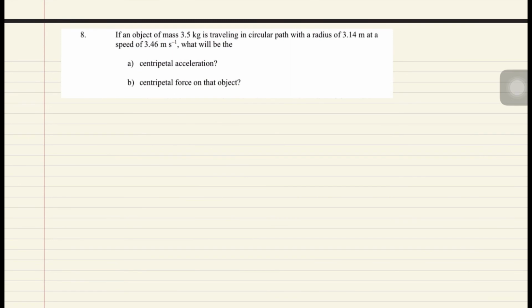Next question is question number 8. An object of mass 3.5 kg is traveling in a circular path with a radius of 3.14 meter at a speed of 3.46 meter per second. What will be the centripetal acceleration a_c and centripetal force F_c? I think this one is straightforward. They give you the radius and the velocity, so you can straight away use the formula of a_c. a_c equals v squared over r.